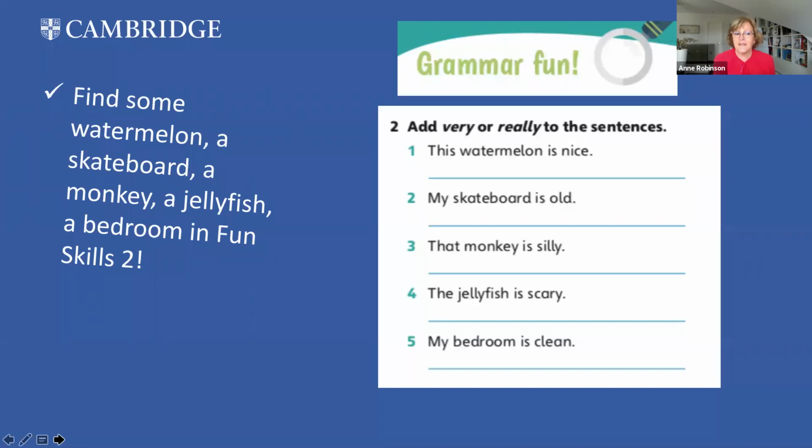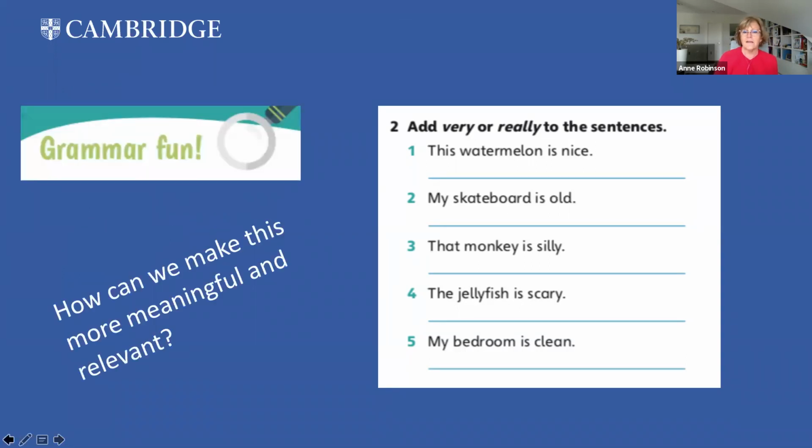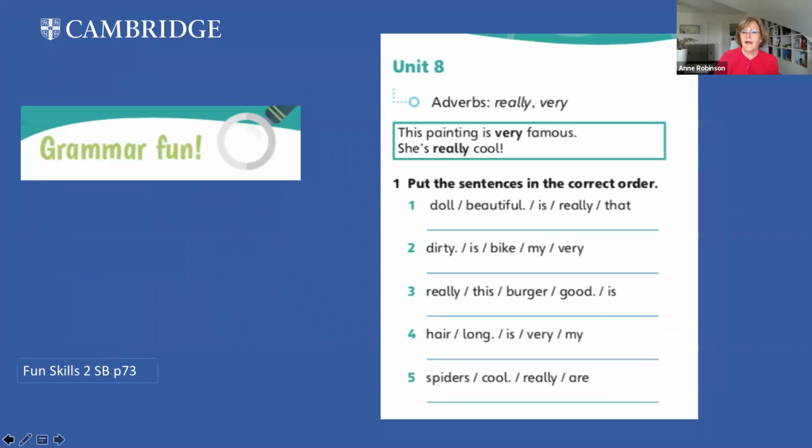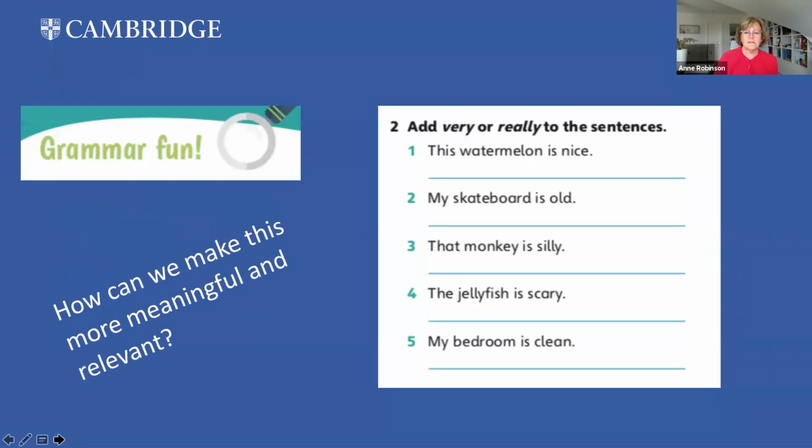So in this case, it's Fun Skills 2, these grammar pages. And I would get them to go back through or look through the book and see if they can find pictures to match these sentences. In this case, they had a reordering exercise, and then they've got to add very or really in the correct place in the sentences.